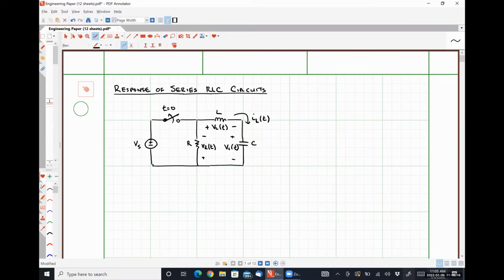And then as we open that switch up, the energy from the capacitor will be transferred to the inductor and the resistor. And we'll see a very similar situation as to what we saw when we had the elements connected in parallel.